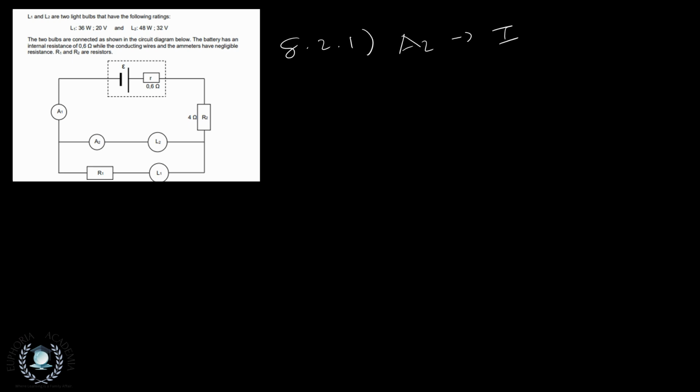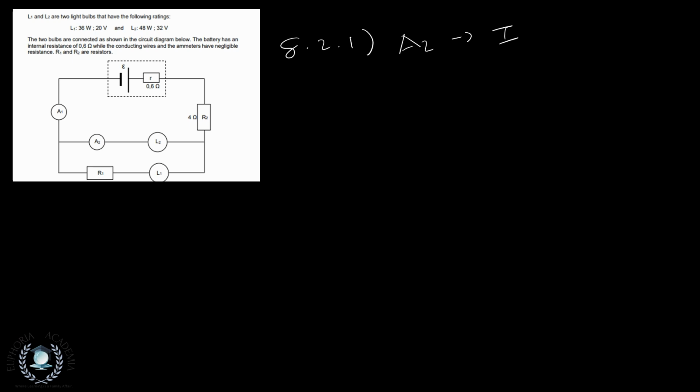So that means they have to work as stated in their ratings. Their ratings state that L1 will have a dissipated power of 36 watts and a voltage of 20, and then L2 its own values.